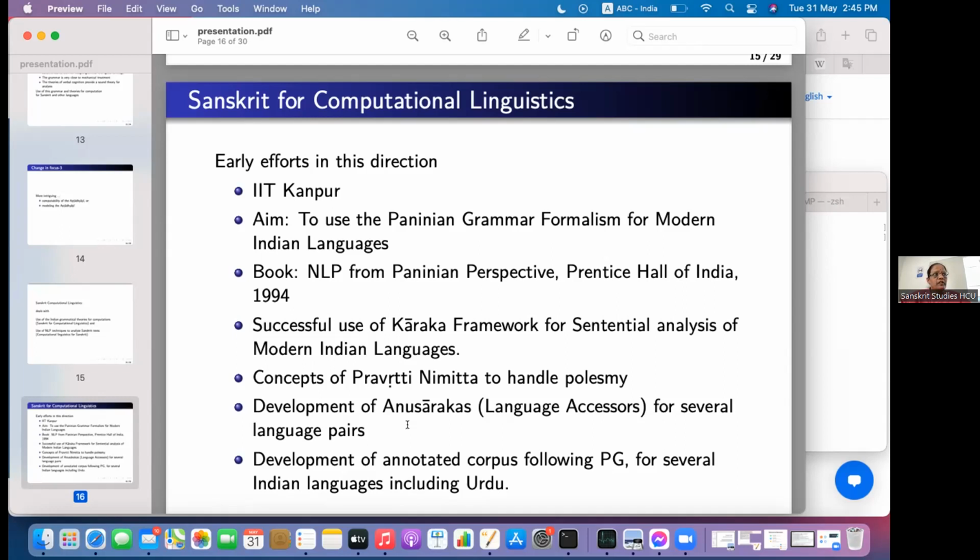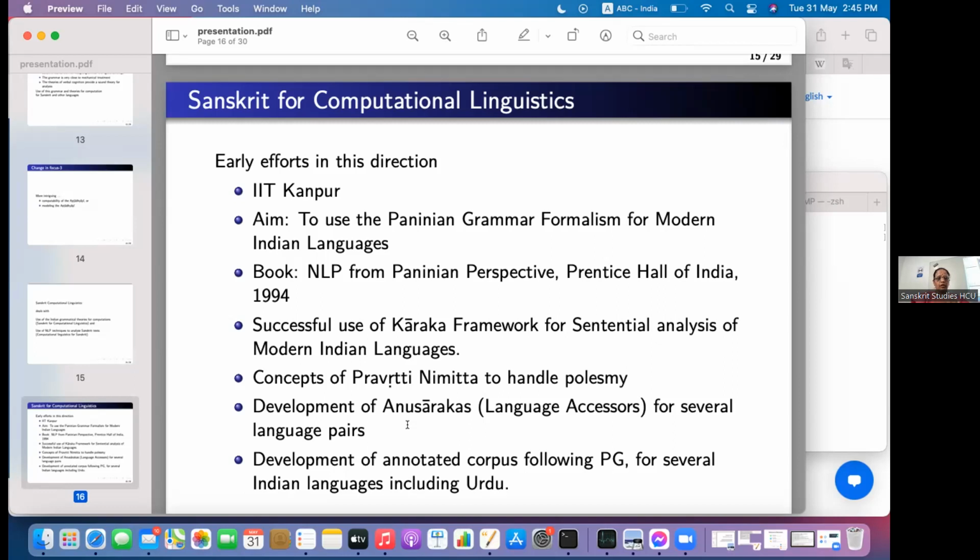Pravrutti nimitta is the reason behind using a particular term to denote a particular object. So the concept of pravrutti nimitta was used to handle polysemy. When you have polysemy, you have a word which is used to refer to several senses which are all related, not totally distinct.